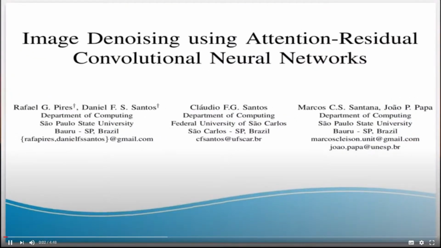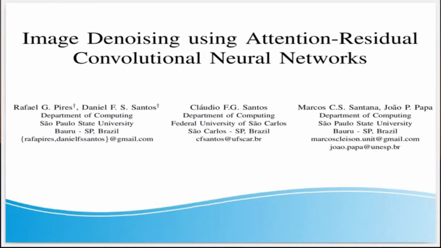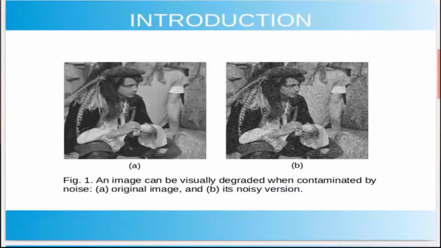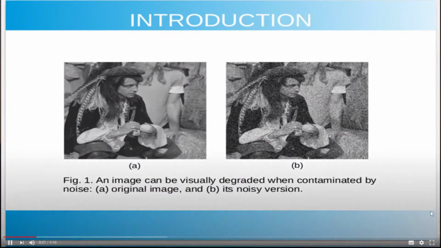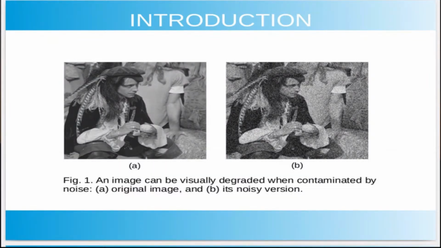Hello, my name is Rafael, and I will present you a summary of the work Image Denoising Using Attention Residual Convolution Neural Network. Noise is usually defined as a random variation of brightness or color information, as shown in Figure 1, and it is often caused by the physical limitation of the image acquisition sensor or by unsuitable environmental conditions.